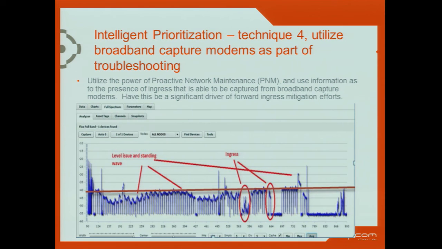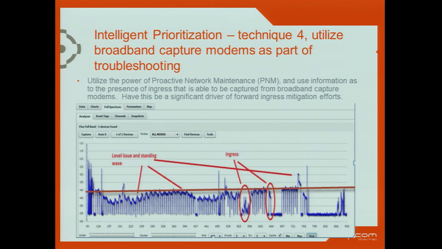The 4th method is to look at the forward response. Technology today makes it so easy, so full forward of wideband cable modems, 3.0, 3.1. And the power of proactive network maintenance developed by CableLabs is to troubleshoot for forward ingress along with other impairments.